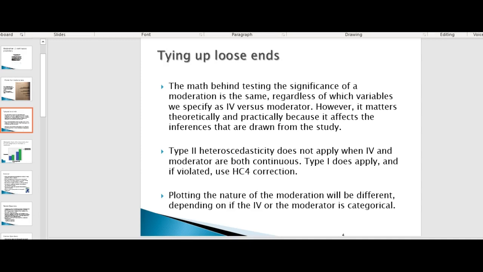But what we designate as the IV and the moderator does not matter for math purposes whatsoever. It will come out exactly the same. The nature of that moderation does not change. It's sitting there in the data, and it will be discovered regardless of which way we do it.